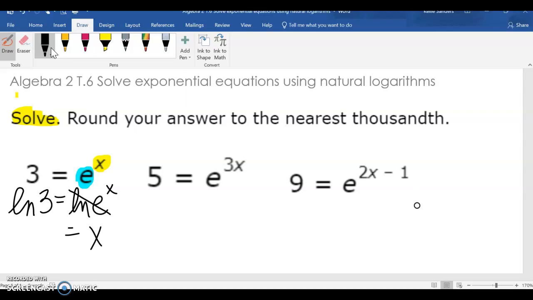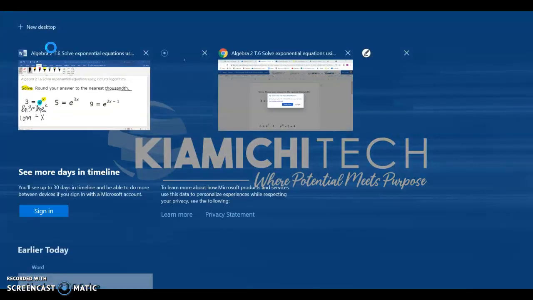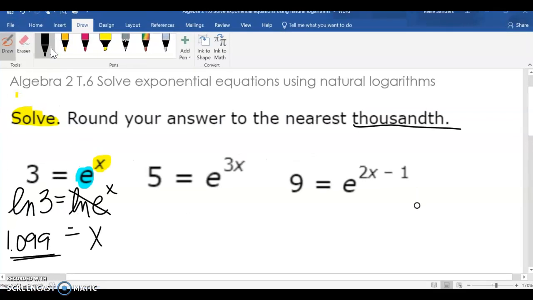And then you grab your calculator and do natural log 3. We're rounding to the nearest thousandths, which would be 3 decimal places. So 1.099.